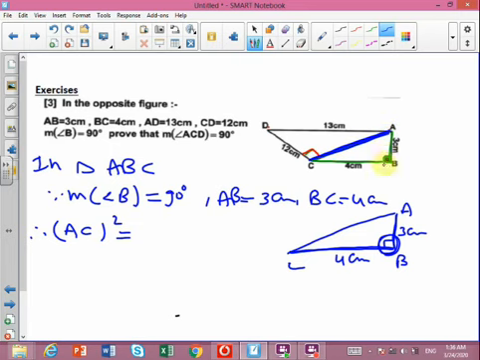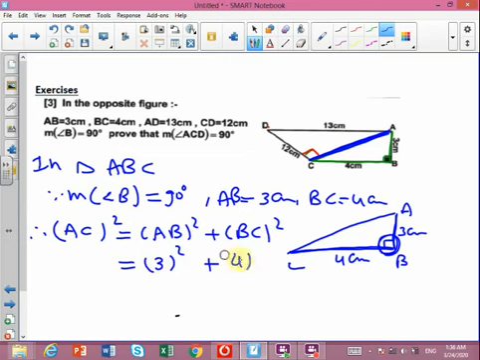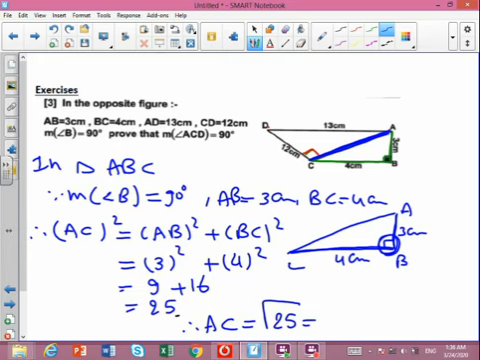So I will add the sum of the squares of the other two sides. So it will be AB square plus BC square. AB square 3 square, BC square 4 square, 9 plus 16 equals 25. Therefore, AC equals root 25 equals 5.